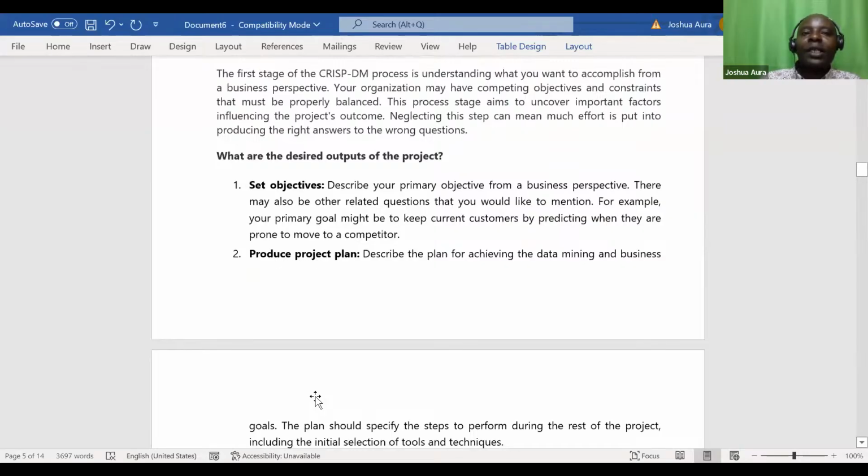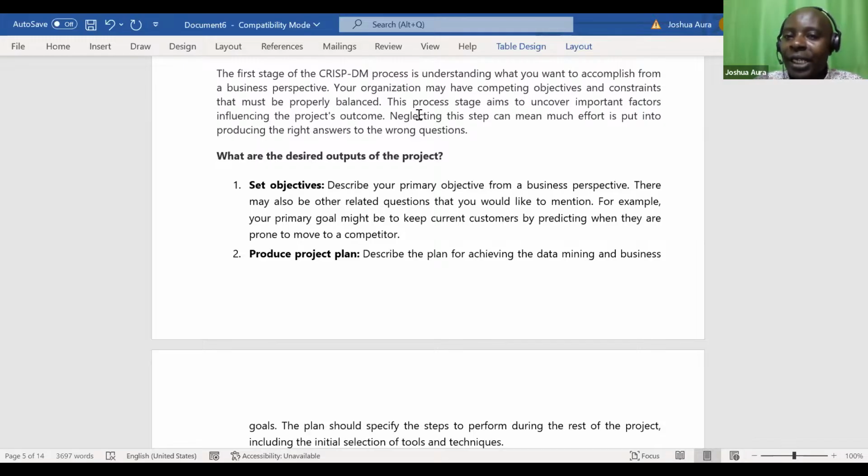The first stage of the CRISP-DM process is understanding what you want to accomplish from a business perspective. Your organization may have competing objectives and constraints that must be properly balanced. This process stage aims to uncover important factors influencing the project's outcome.